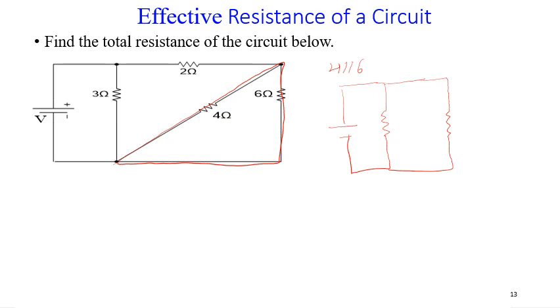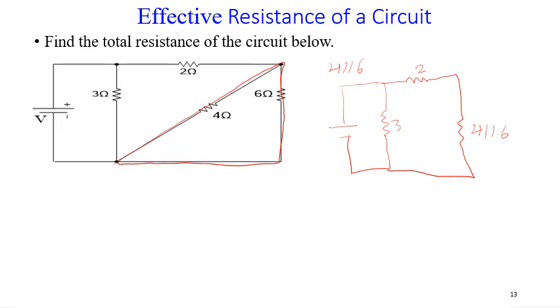No, let me do it right, because I want to show you all the steps all the way down. After resolving them, we have 4 in parallel with 6 here. Then we have 2. Then we have 3. So what do we observe?